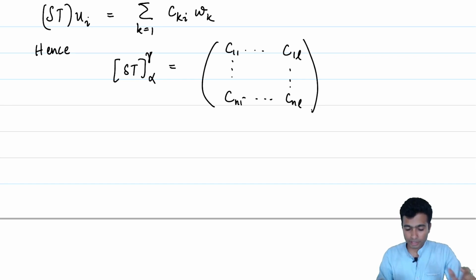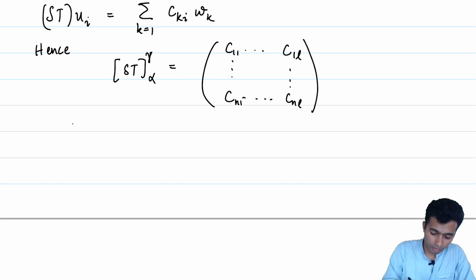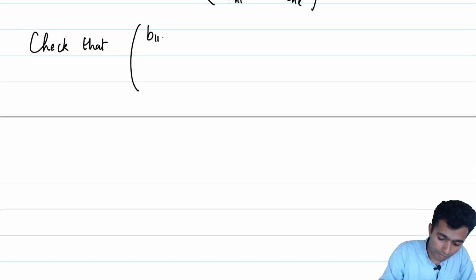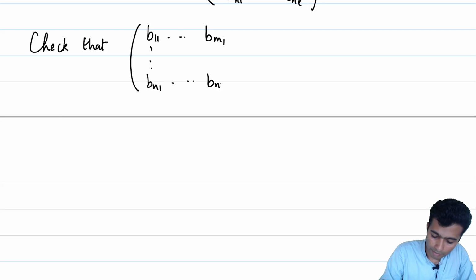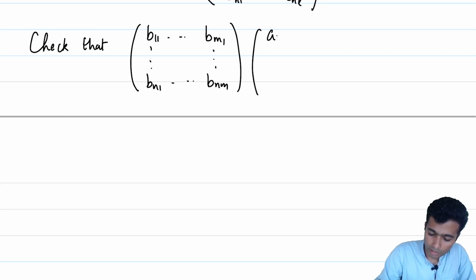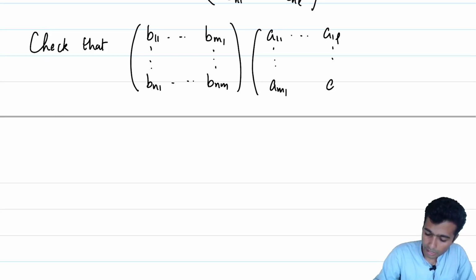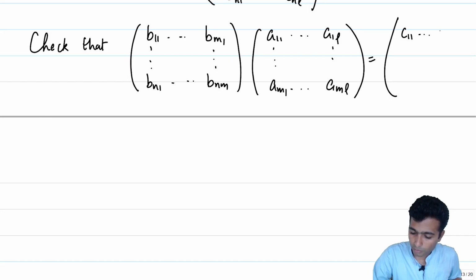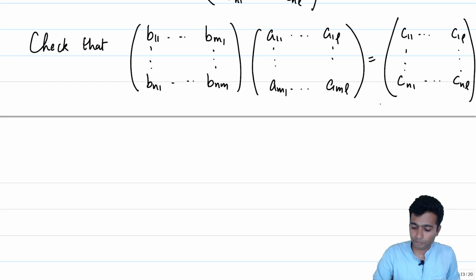I would like to leave it as an exercise right now to check, by your familiar notion of the product of matrices, that the matrix B11 to Bnm times the matrix A11 to Am1, through to A1L to AmL, is equal to the matrix C11 to C1L, through to Cn1 to CnL, and therefore we are done.